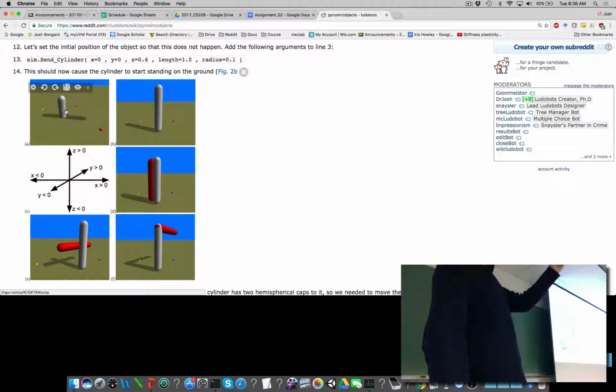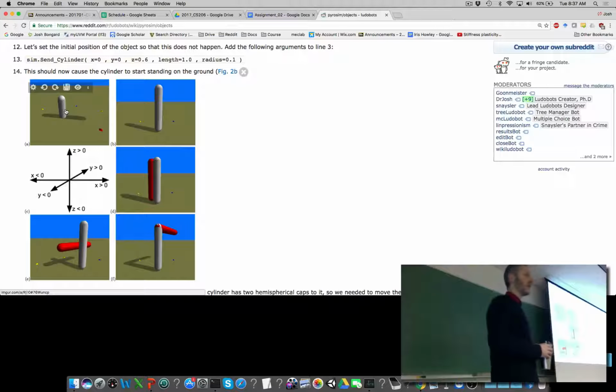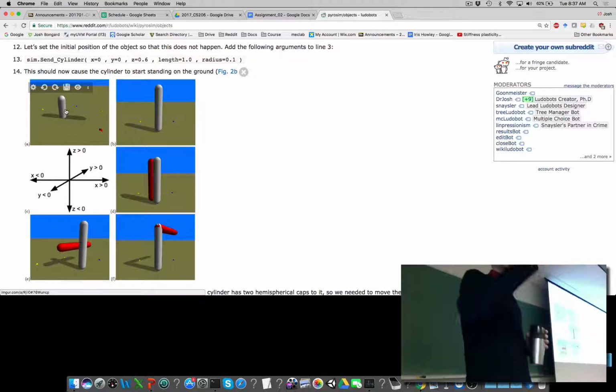vertical position. You'll notice that the second cylinder, which we're going to paint red just so you can tell them apart, is not going to be vertical, but it's pointing in what direction? It's pointing, we need to be more specific, right? It's perpendicular. Use the coordinate system here.